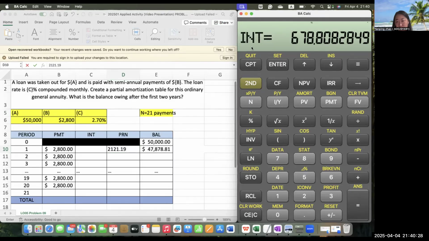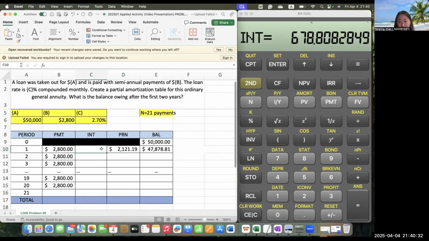We got the interest 678.81. To make sure we run it correctly.